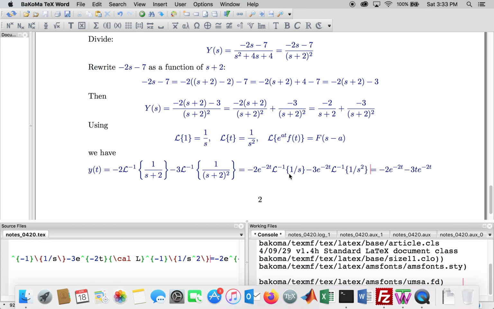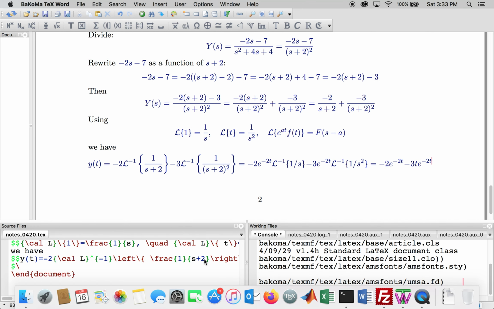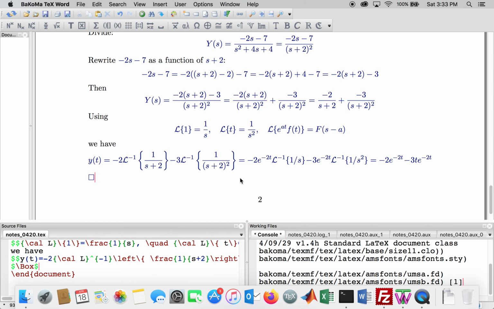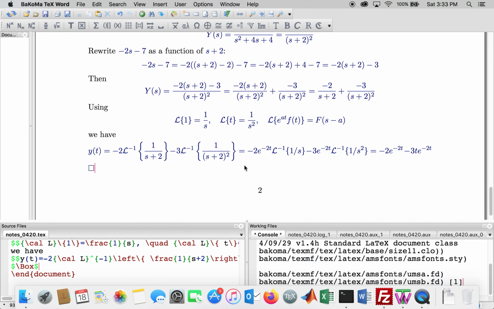And then we inverse transform those simpler functions, and 1 over s transforms back to 1. 1 over s squared transforms back to t, causing this factor of t right here. And then we're done. We have our solution. All right, so that's our second example done.